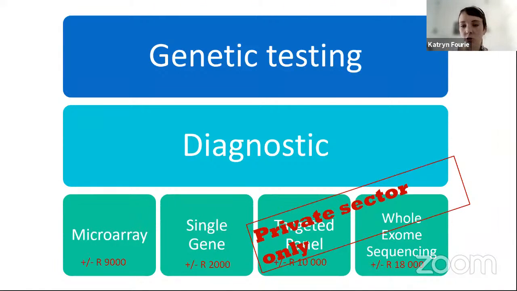Exome sequencing, certainly not at all, unless they access it through a research project, which sometimes happens. And then targeted panels, again, sometimes, often mostly through research, but generally this is not available to everyone in the state. We do have microarray testing available, mostly, and single gene testing, but then obviously you would have to know exactly which gene you would like to test.